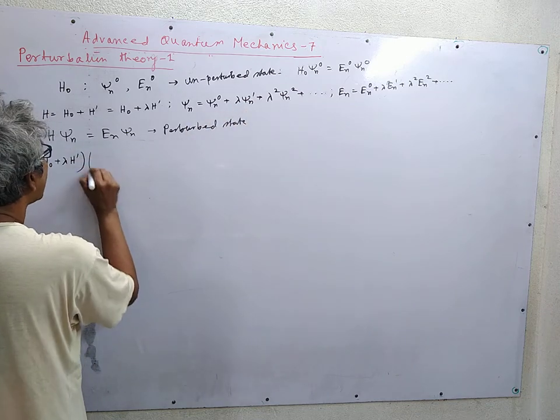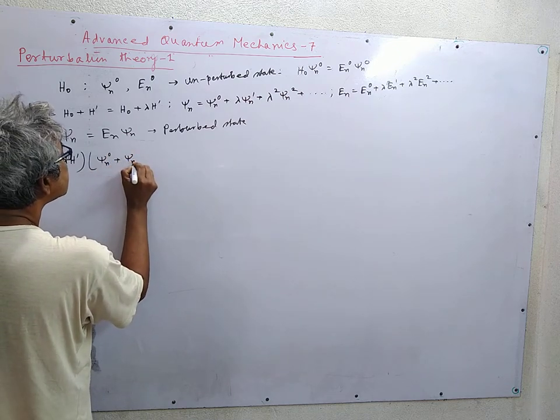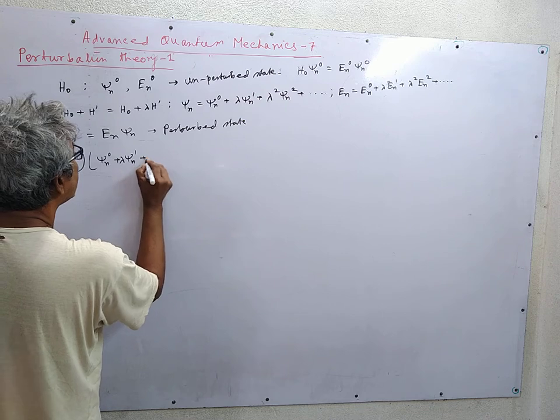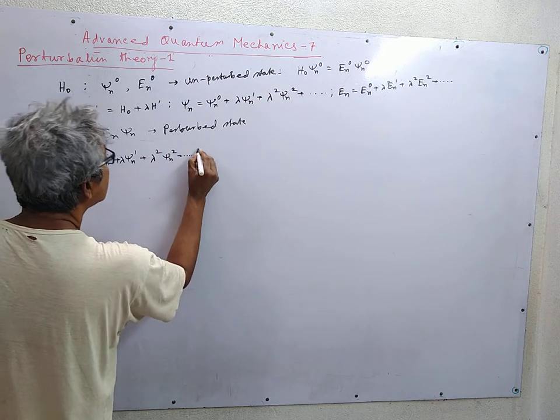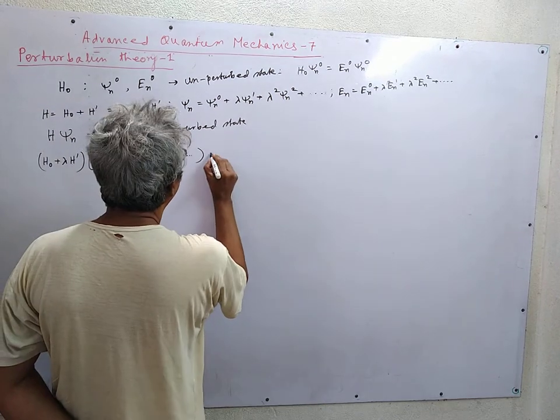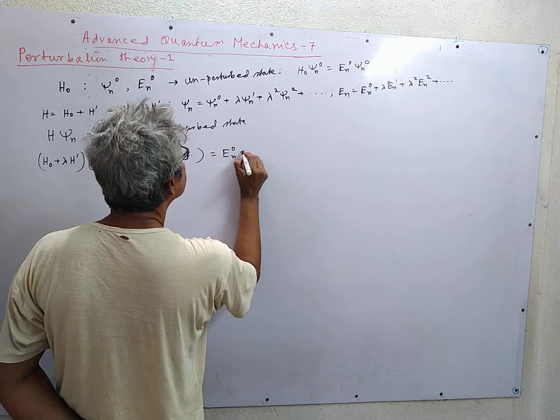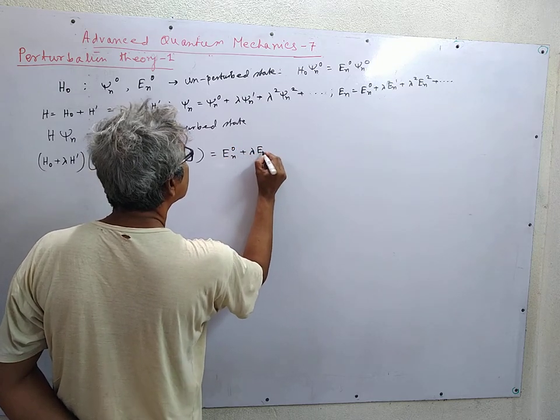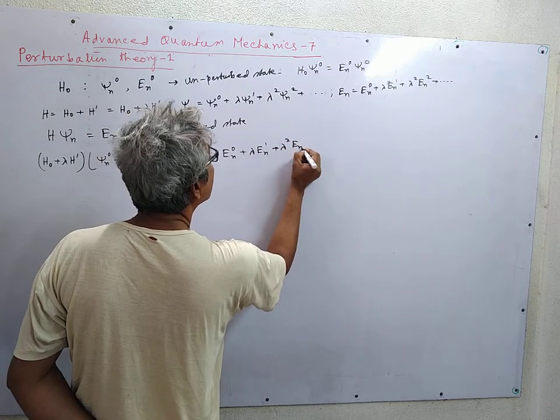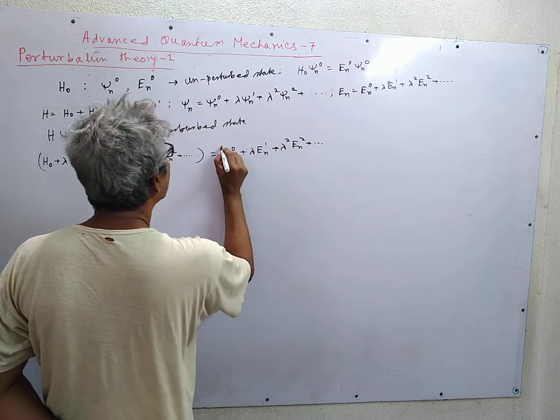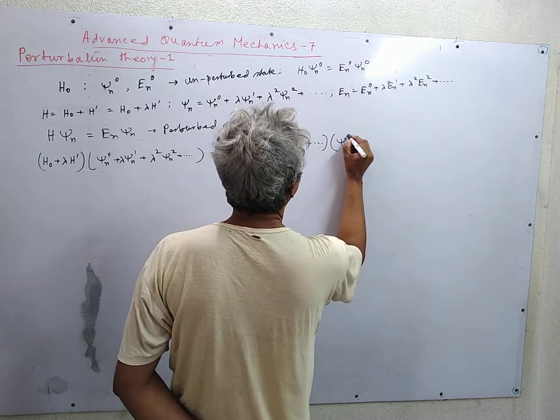For psi n we write psi n0 plus lambda psi n1 plus lambda square psi n2, for energy, and for wave function.